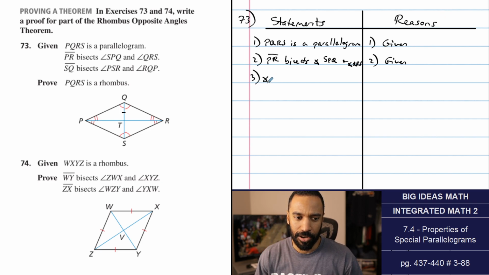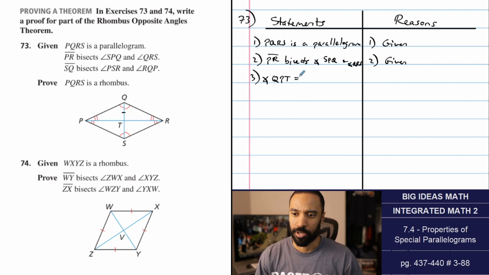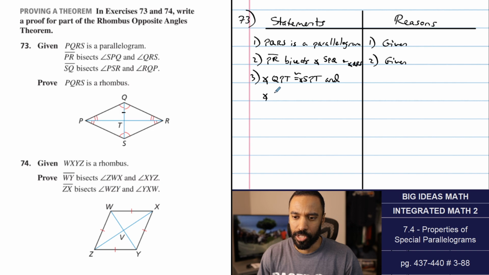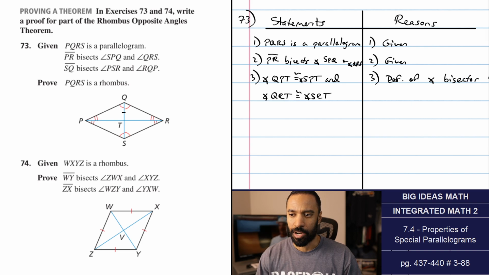So I'm going to say angle QPT is congruent to angle SPT. And angle QRT is congruent to angle SRT. That's definition of angle bisector. See, they may have marked it on the thing. They shouldn't have. They should have just given us that. And then we can work off that.